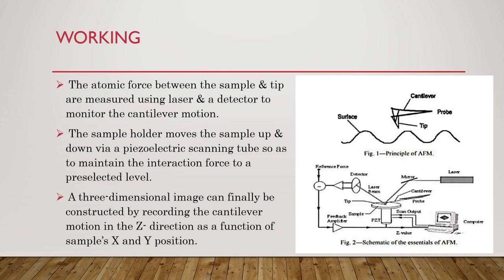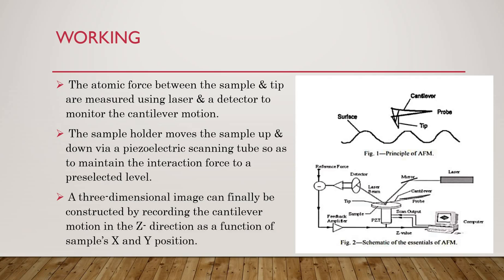A basic setup of AFM is shown in figure 2. The atomic force between a sample and tip is measured using a laser and detector to monitor the cantilever motion. The sample holder moves the sample up and down via a piezoelectric scanning tube so as to maintain the interaction force at a pre-selected level.